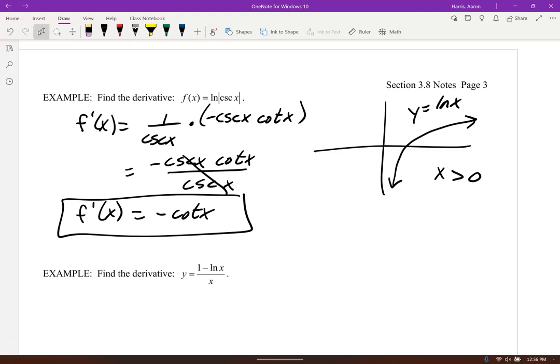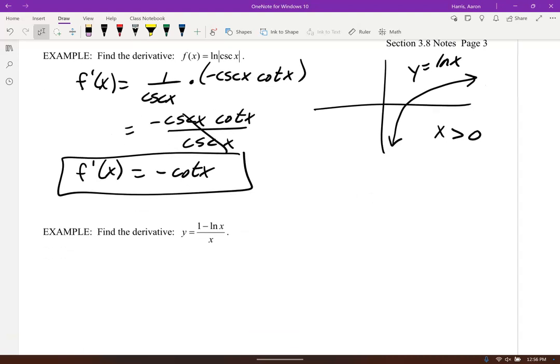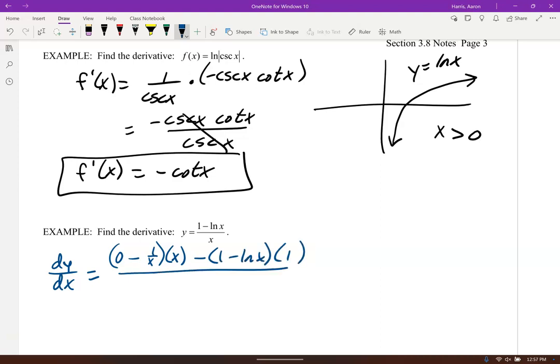On this next one, I would go ahead and run the quotient rule here. So the dy/dx would be derivative of the top, 0. Derivative of 1 is 0, minus derivative of the natural log is 1 over x. Here's the derivative of the top times the bottom minus the top times the derivative of the bottom, derivative of x is 1, all over bottom squared.